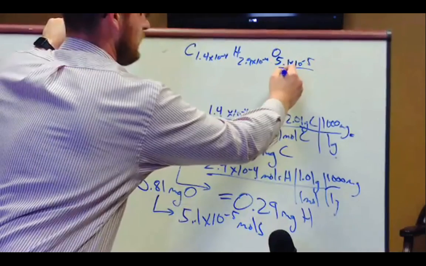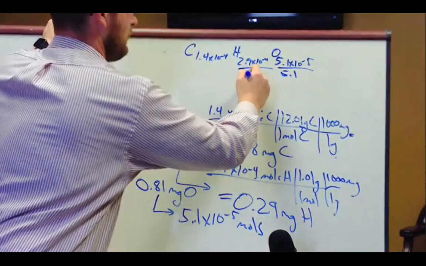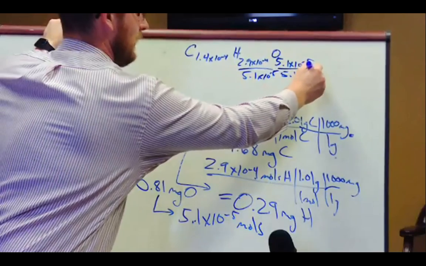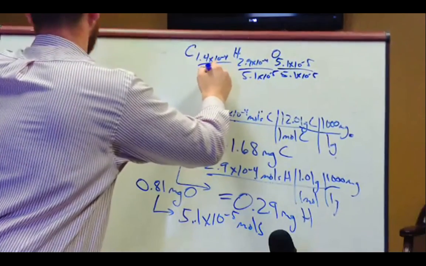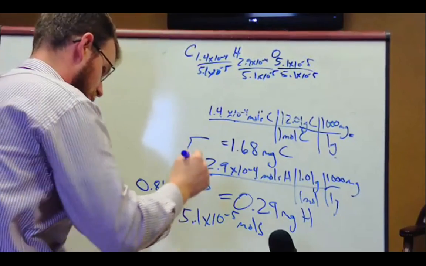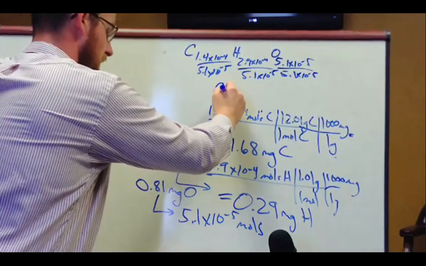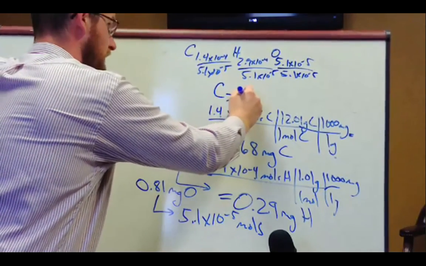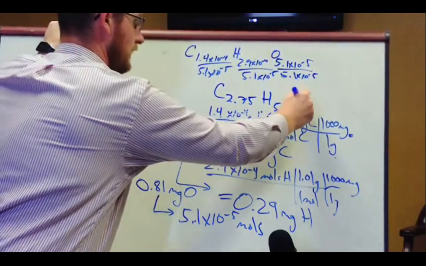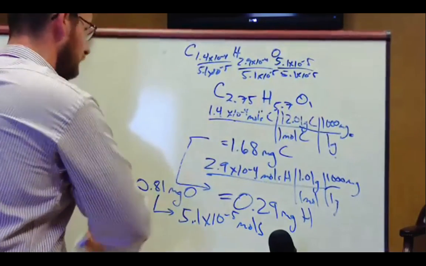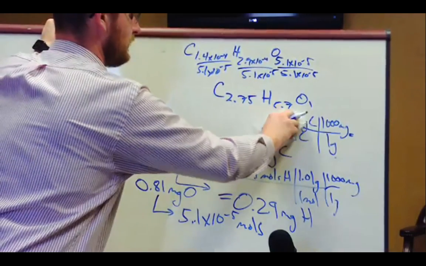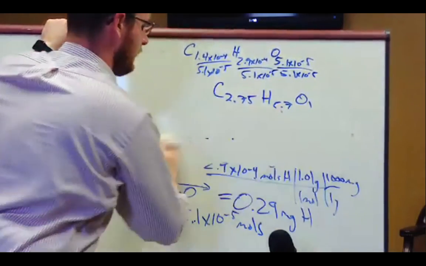It's oxygen. So I'm going to divide each by 5.1 times 10 to the negative fifth. What we end up with is C 2.75, H 5.7, and O 1.